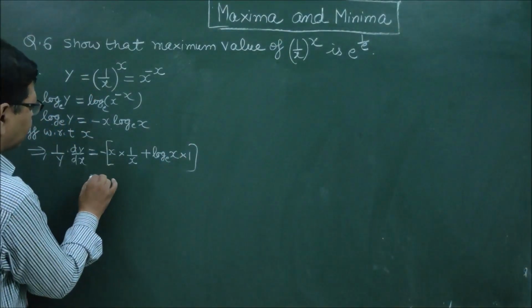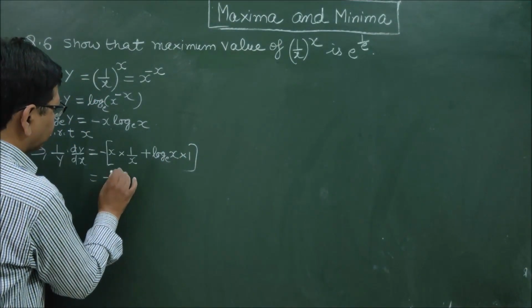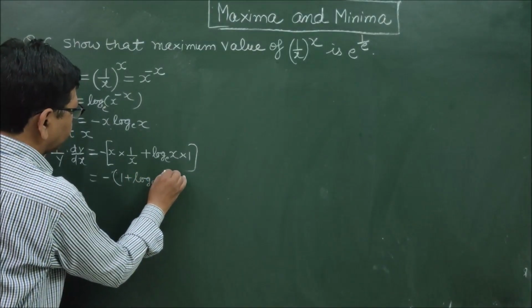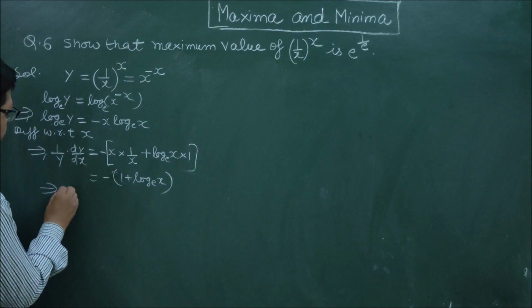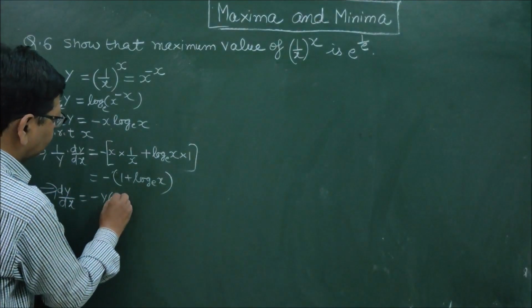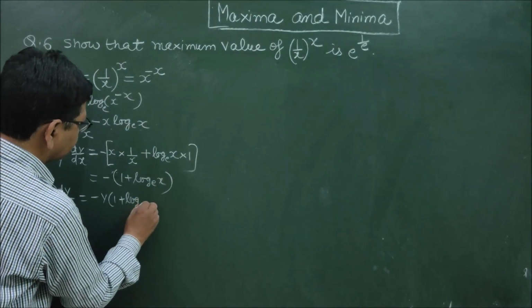So this is equal to minus 1 plus log x, or dy over dx is equal to minus y into (1 plus log x).